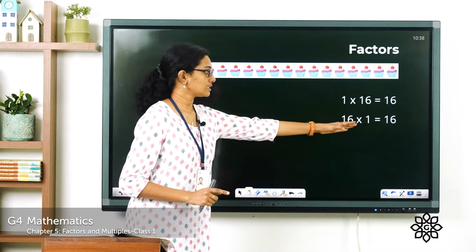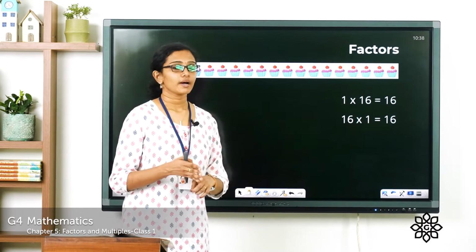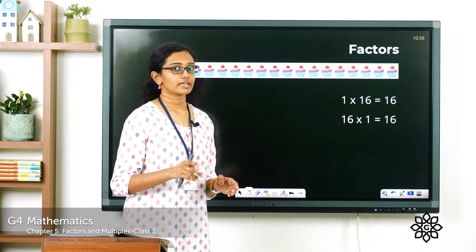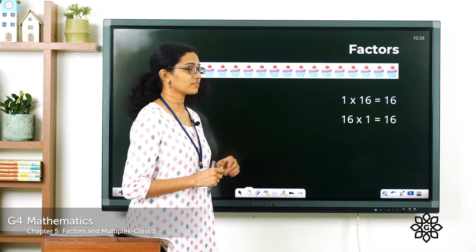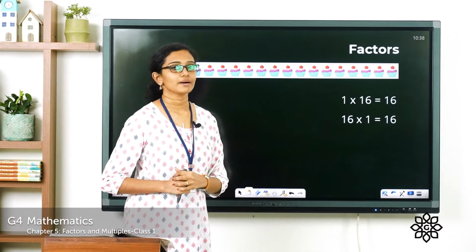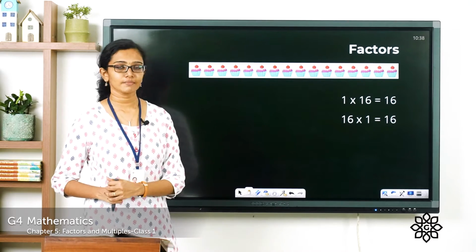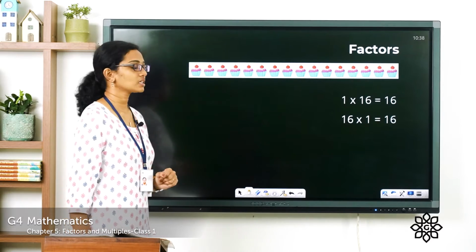So in that case also the total number would be the same. She divided 16 muffins separately into individual muffins, and there also no muffin was left. In both ways the product or the total number of muffins is the same without any remainder. So 1 into 16 or 16 into 1 is equal to 16.